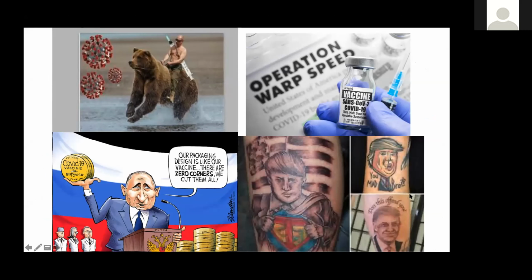So here you have Vladimir Putin riding this bear with a big syringe on his back, and he's going to solve the COVID, and he came off the first on this. And then our packaging design is like our vaccine. There are 0 corners, we cut them all.